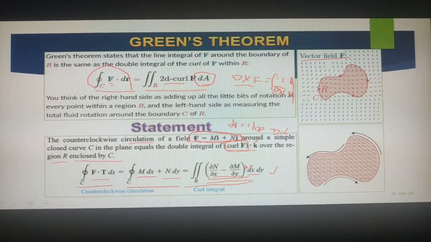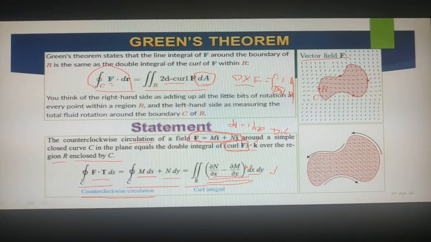So it is simply the notation: integral over C of F bar dot dr gives integral over C of M dx plus N dy in two dimensions, because we are considering the whole statement of Green's theorem in 2D only. This line integral tells you the counterclockwise circulation.